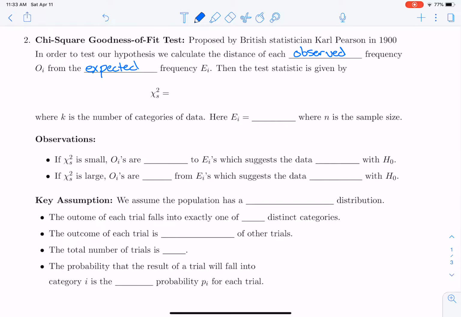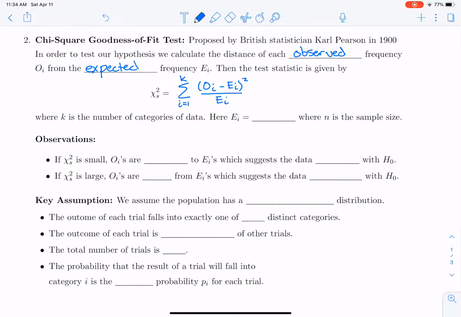So we're going to look at the sum from i equals 1 to k, where k is the number of categories. We are going to take the observed frequency, subtract the expected frequency, square that, and then divide by the expected frequency.